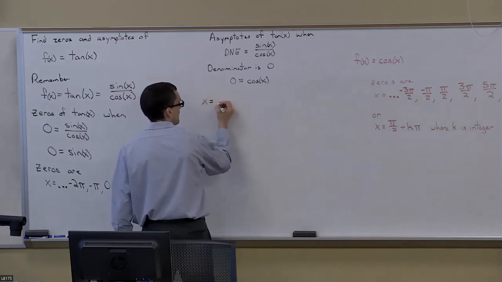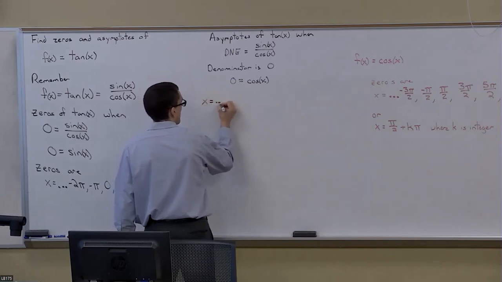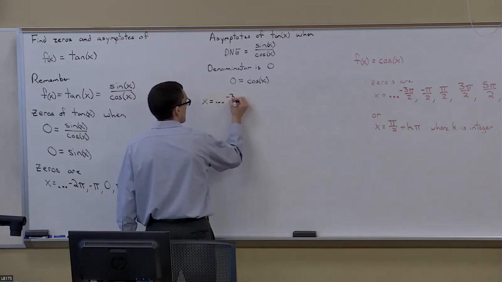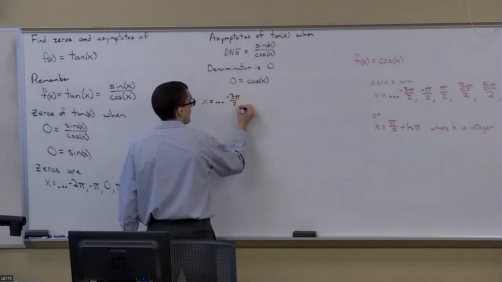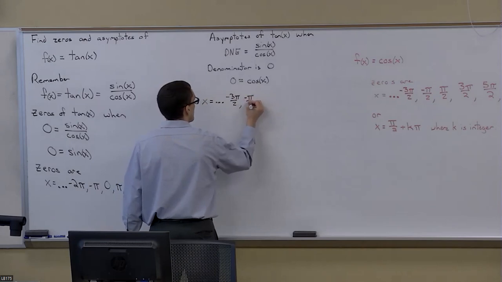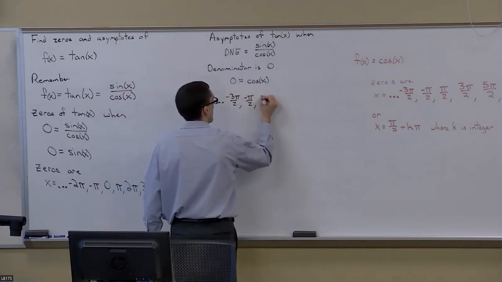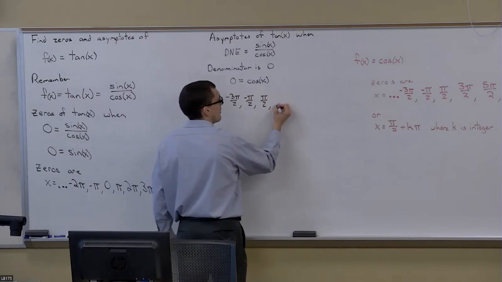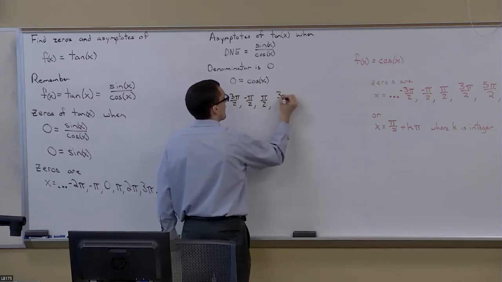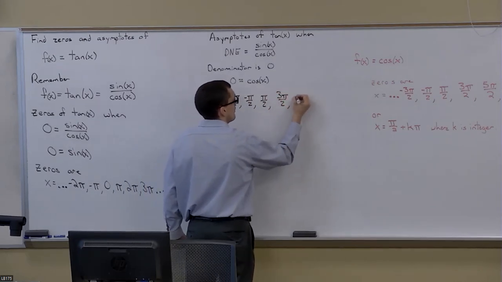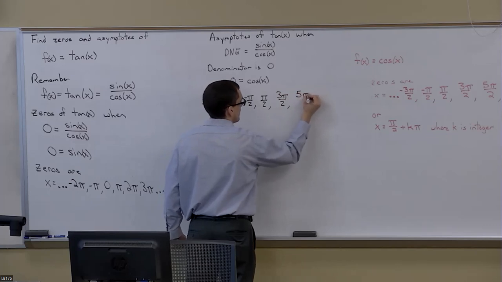They happen when x is negative 3 pi over 2, negative pi over 2, positive pi over 2, 3 pi over 2, 5 pi over 2, et cetera, et cetera.